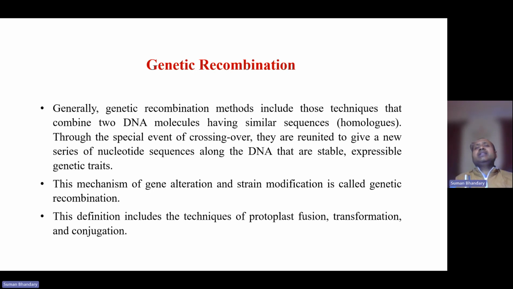So this mechanism of gene alteration and strain modification is known as genetic recombination. And this definition basically includes techniques like protoplast fusion, transformation, and conjugation.